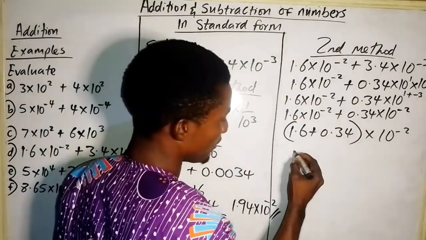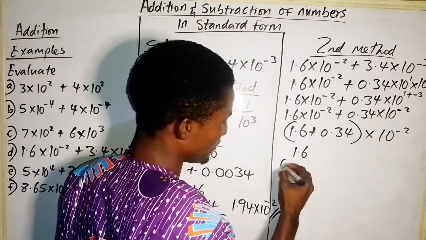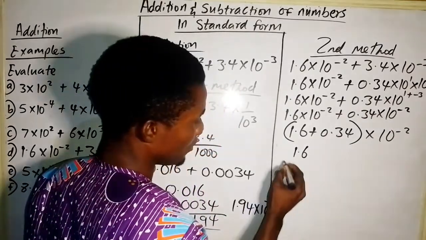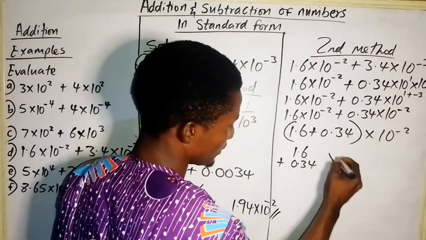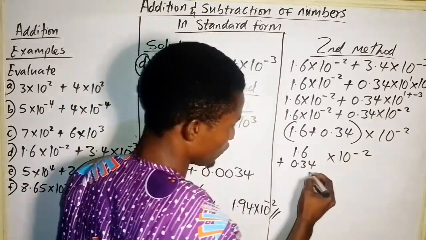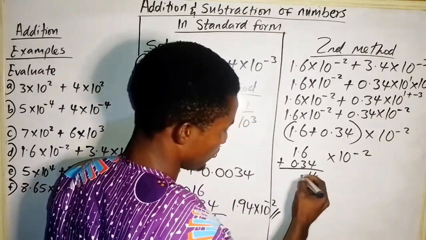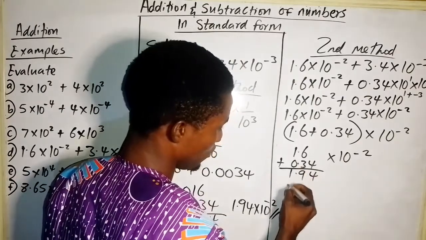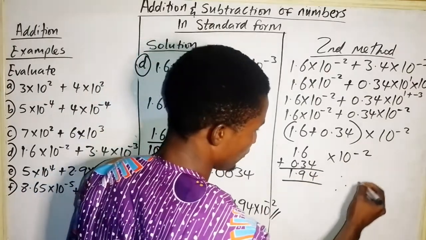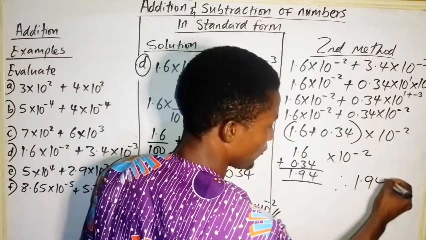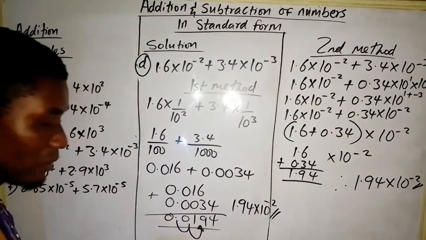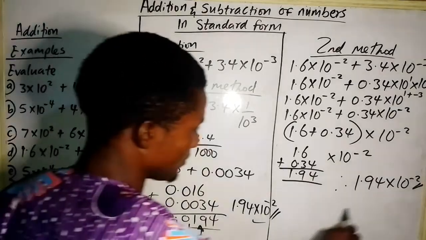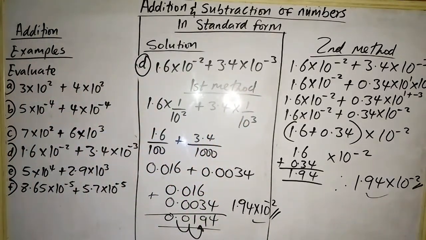So this will be 1.94. Therefore, our answer will be 1.94 times 10 raised to power minus 2. You can see that our answer is the same as the first method.